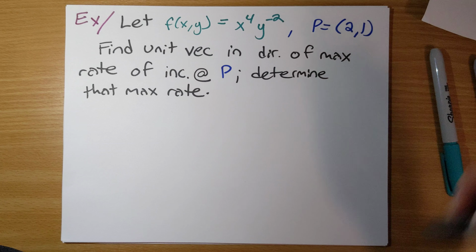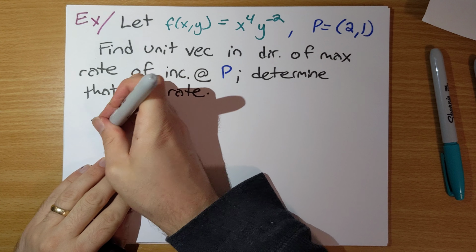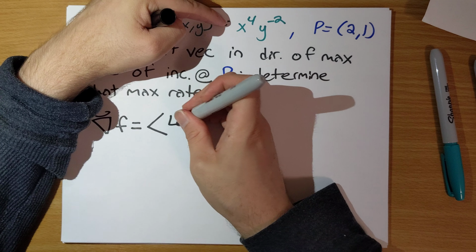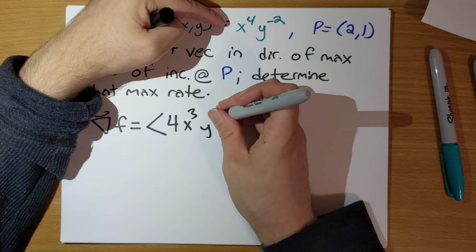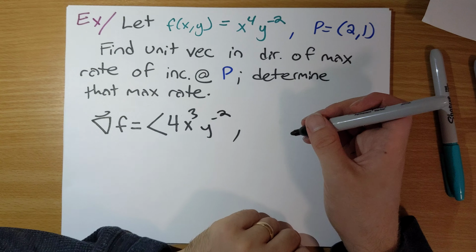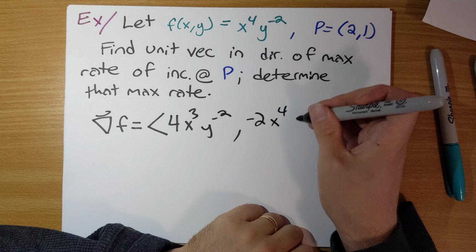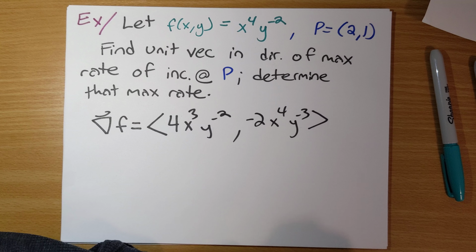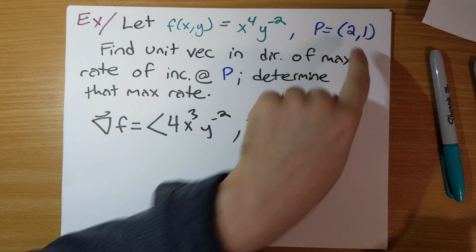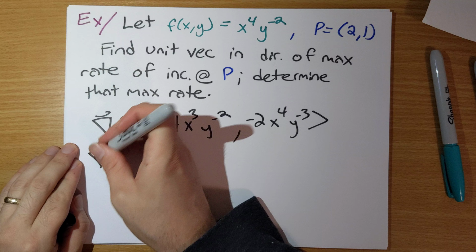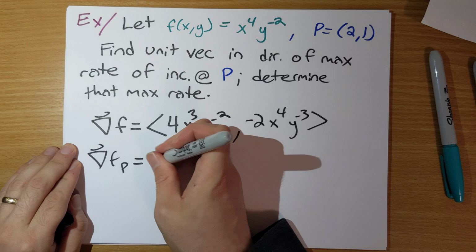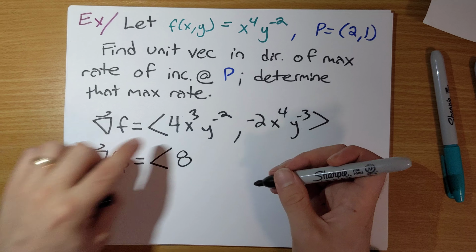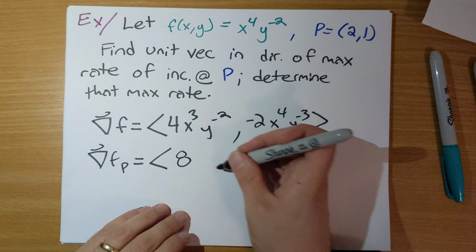So the gradient of f is going to equal: the partial derivative with respect to x is 4x cubed y to the negative 2. The partial derivative with respect to y is negative 2x to the fourth y to the minus third power. Okay, and P is the point (2, 1). So this would be 4 times 2 cubed, times 1 to the minus 2 which is just 1.